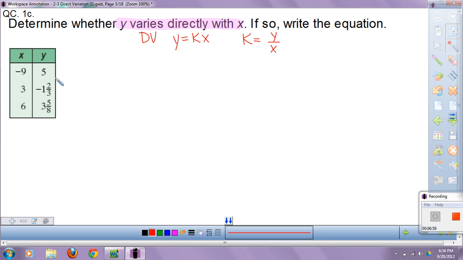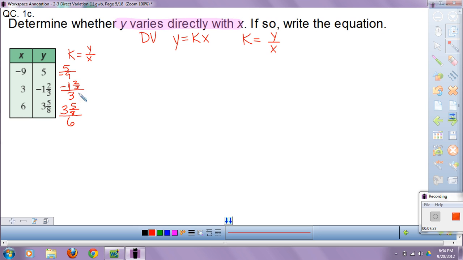So in order to tell if this represents a direct variation, we've got to find our k for all three pairs of points. So y in this case is 5 divided by x, negative 9. Y in this case is negative 1 and 2/3 divided by x, 3. And then finally we have y, 3 and 5/8 divided by x, 6.